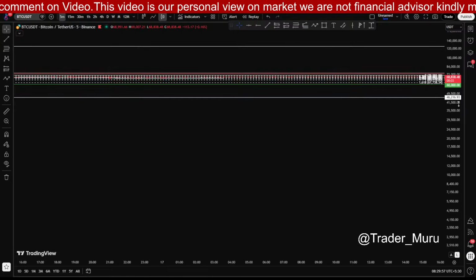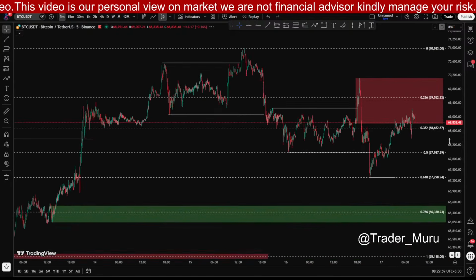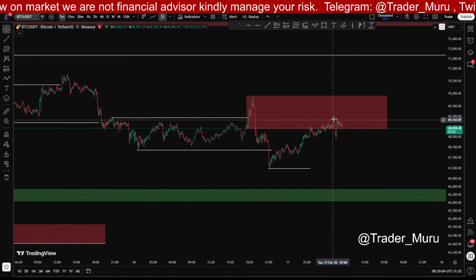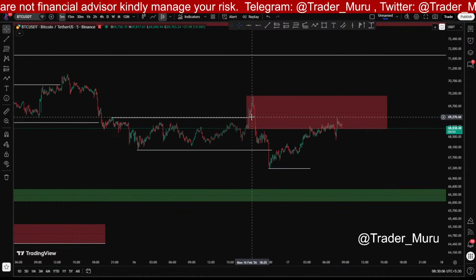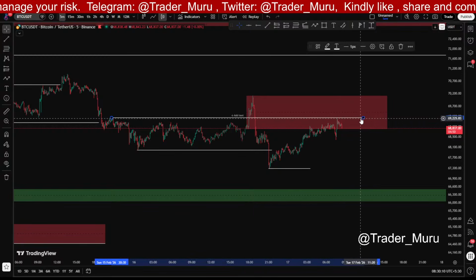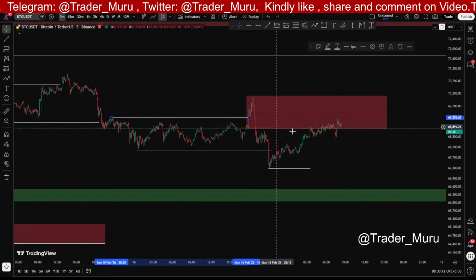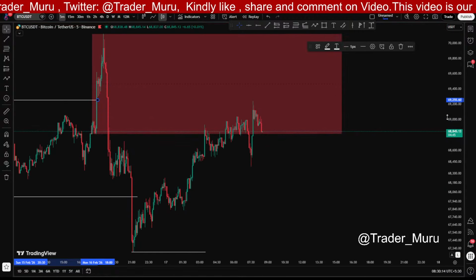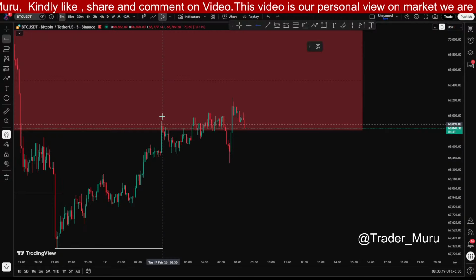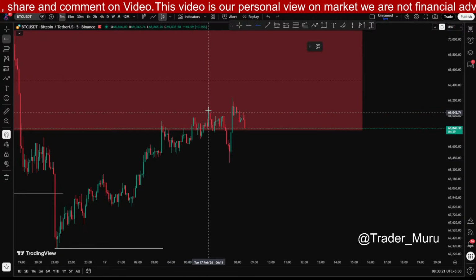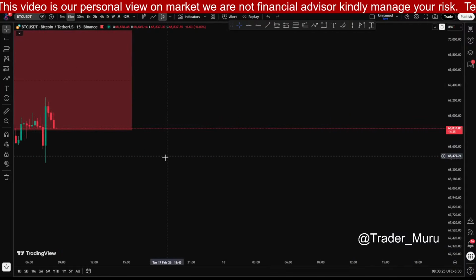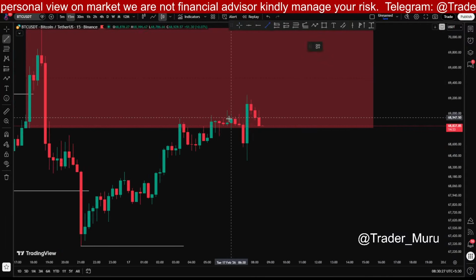For BTC, I have told you guys that it should drop from here. This is your sweep zone, already tested, and for the confirmation you should be watching for the low break in the 15-minute time frame.